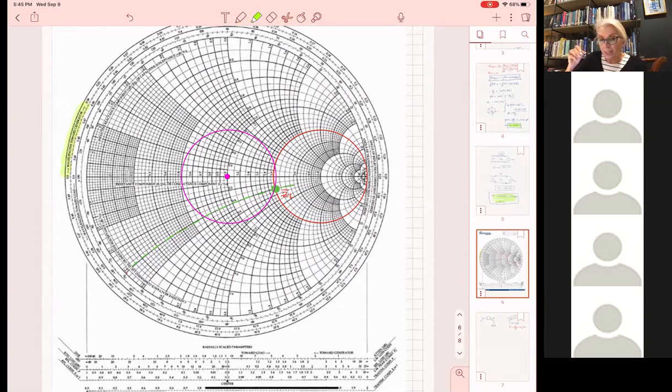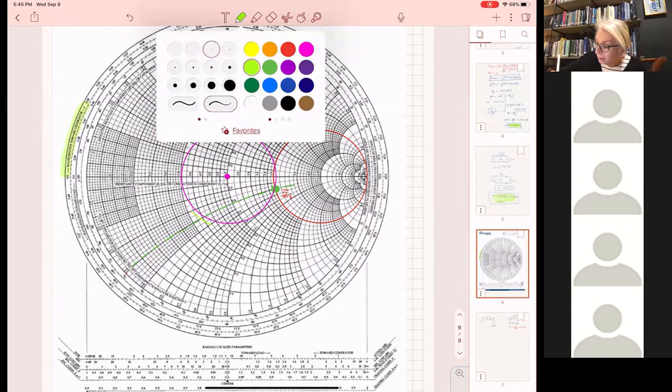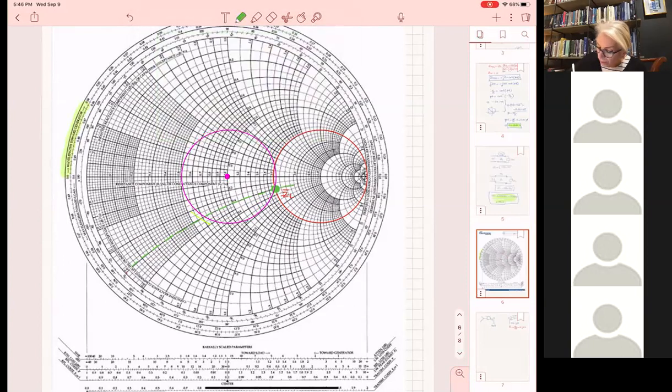Load towards the generator, because our load is the complex ZL, and we go towards the 50, then you can only travel along this direction. You can only travel like this along this circle.